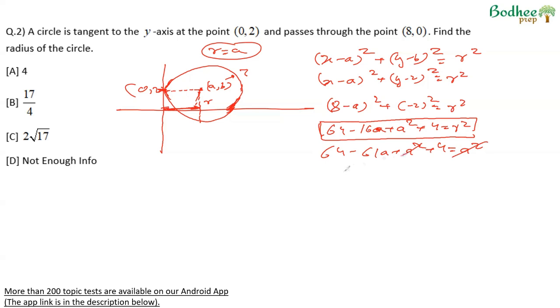The a square cancels. So 68 is equal to 16a, or a is equal to 68 by 16, which is 17 by 4. A is equal to the radius, so the radius of the circle will be 17 by 4.